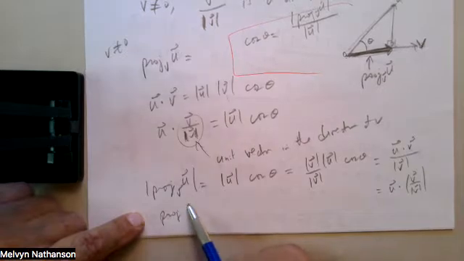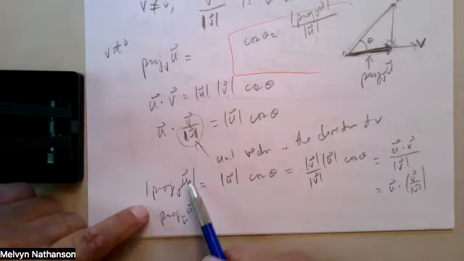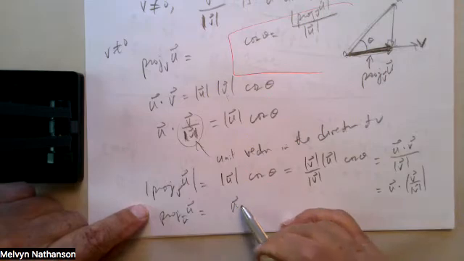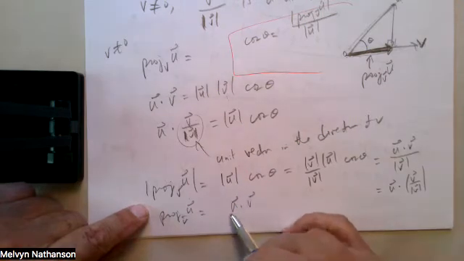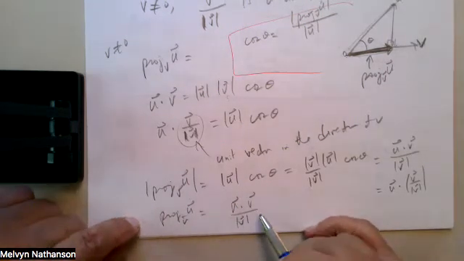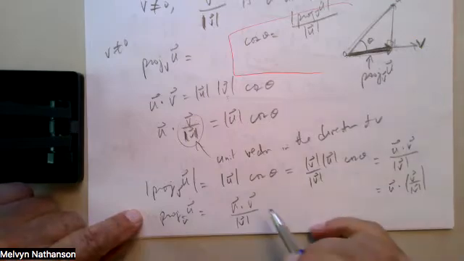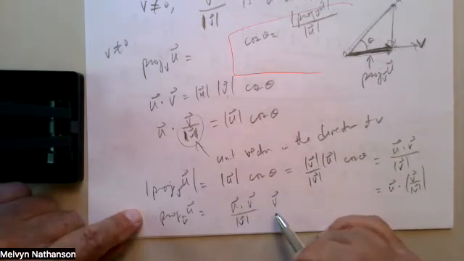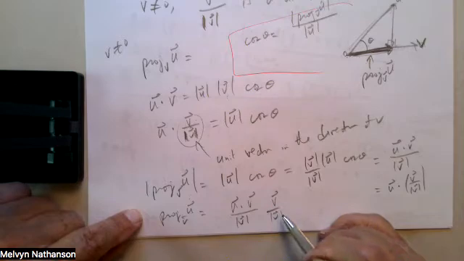So the projection of u in the direction of v is a vector of this length, u dot v over the length of v, and it's in the direction of the vector v. A unit vector in that direction is the vector v divided by the length of v.